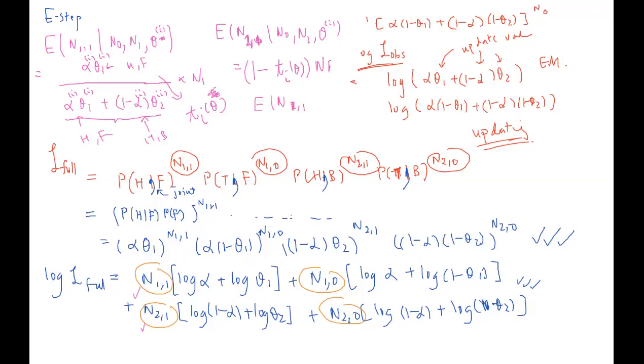Then I talk about N10. Okay. So N10 will be alpha (1 minus theta 1) over alpha (1 minus theta 1) plus (1 minus alpha)(1 minus theta 2). Okay, and these are all your estimates, and multiply by N2, N0. Okay.